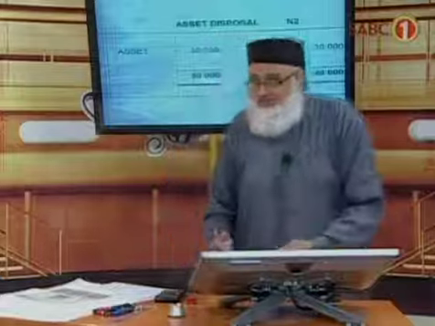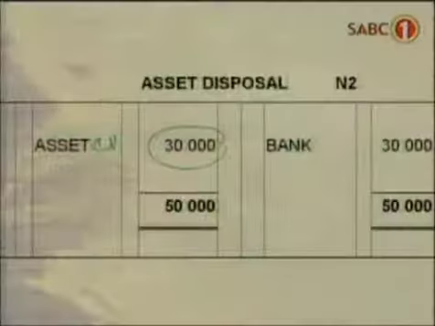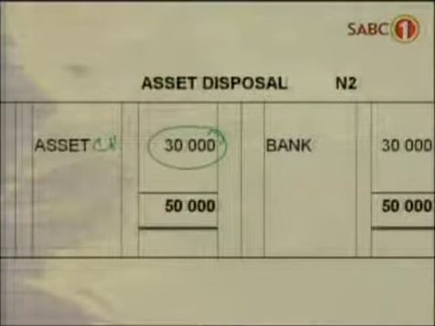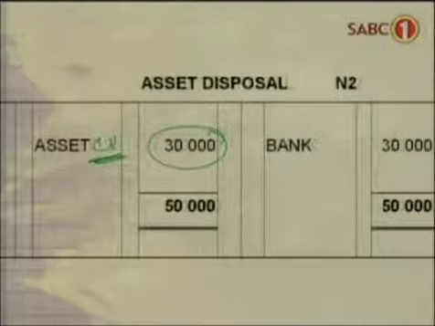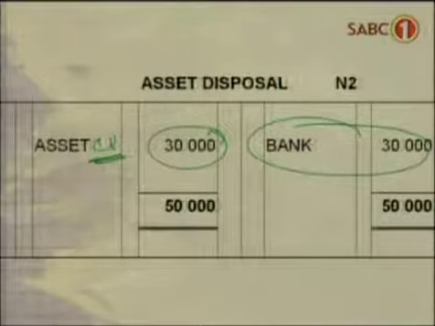How much money did I get from the sale of the asset? Remember, there was my carrying value, 30,000. What did we say? In cash flow, we sell at carrying value because there's no profit, neither is there a loss. And therefore, the proceeds will be that 30,000.